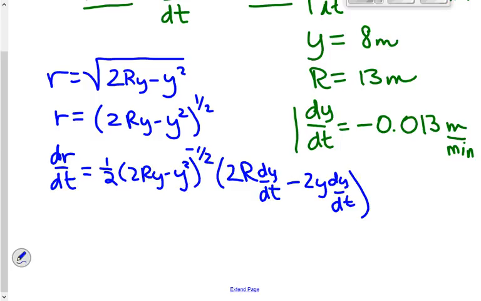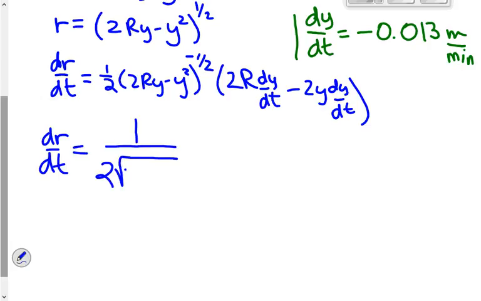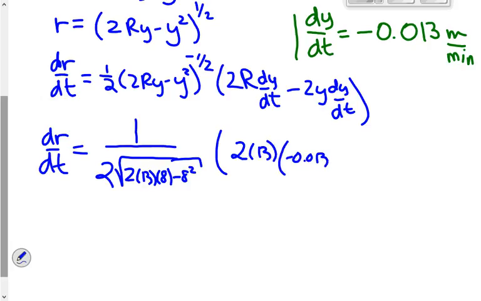So let's just substitute in numbers, and you tell me what you get. And be careful with your negative signs there.